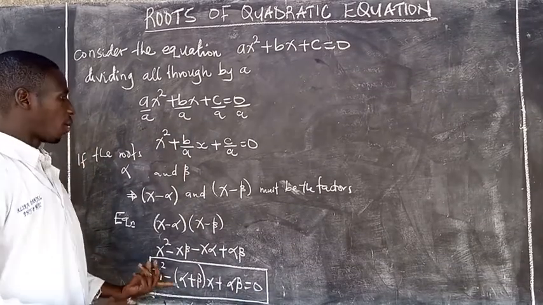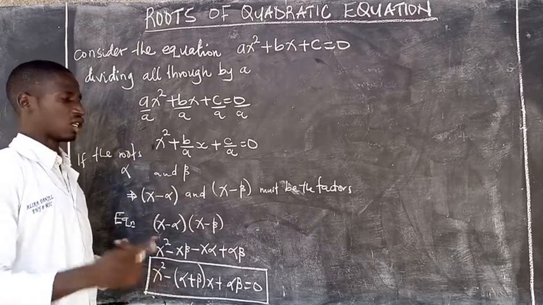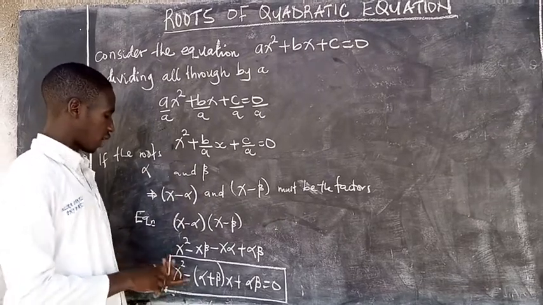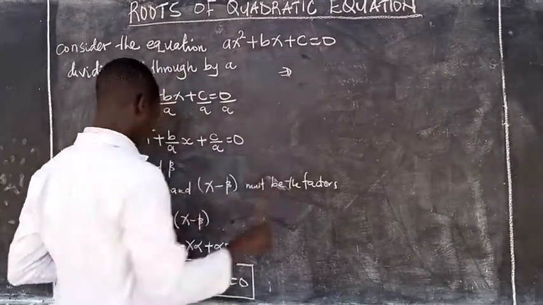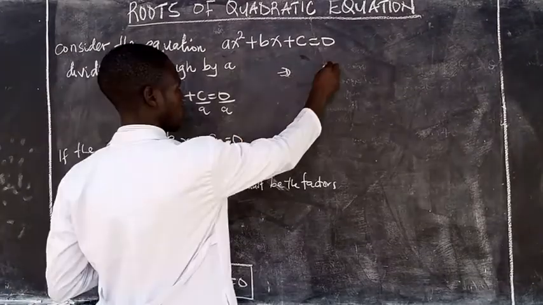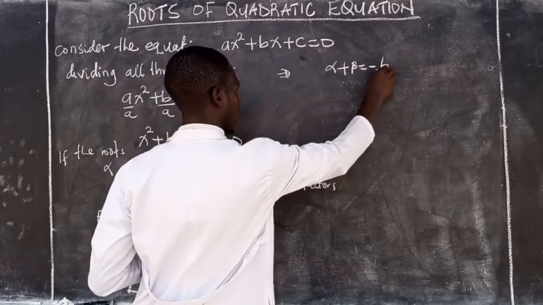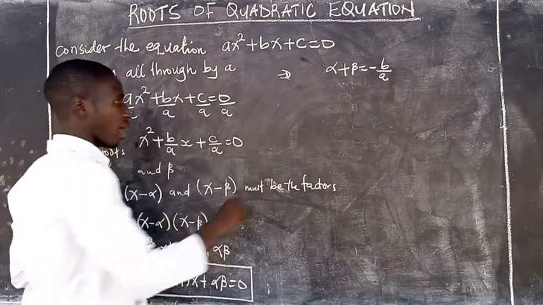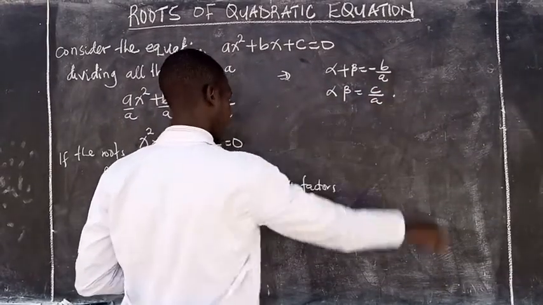If I compare this with that, because this equation is exactly equal to this if the roots are alpha and beta, it implies that alpha plus beta equals negative b over a, and alpha beta equals c over a.